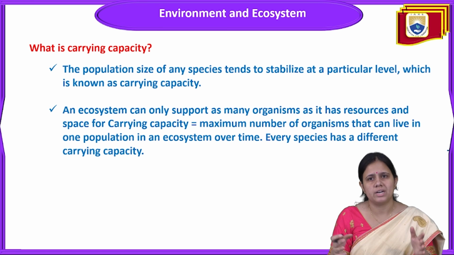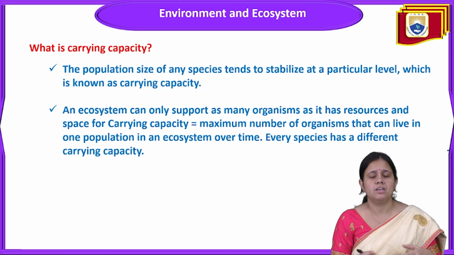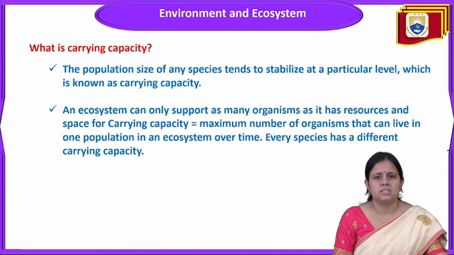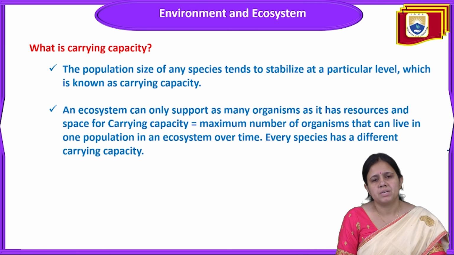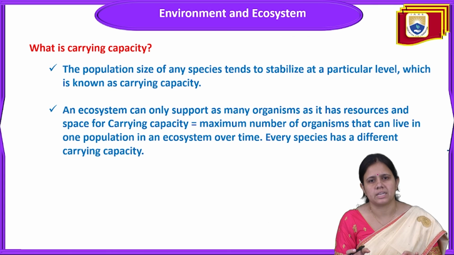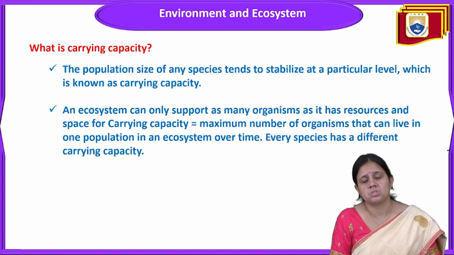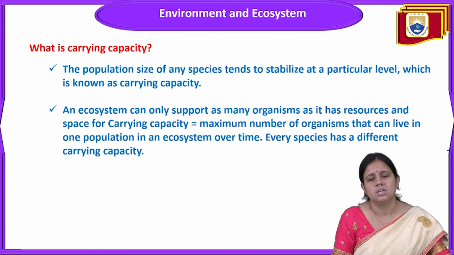When we study population ecology, this is a very important factor, because the ecosystem has constraints: it will not provide much shelter and many resources for a larger population. So this is about the carrying capacity.